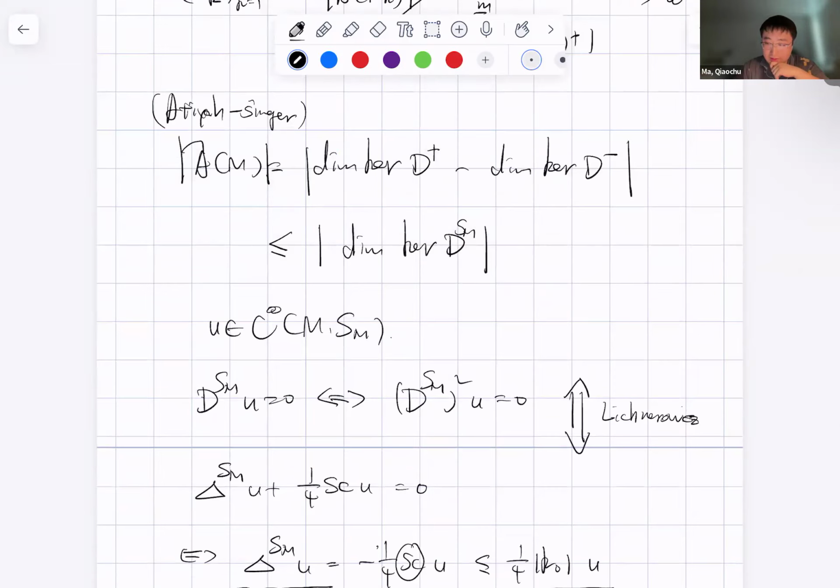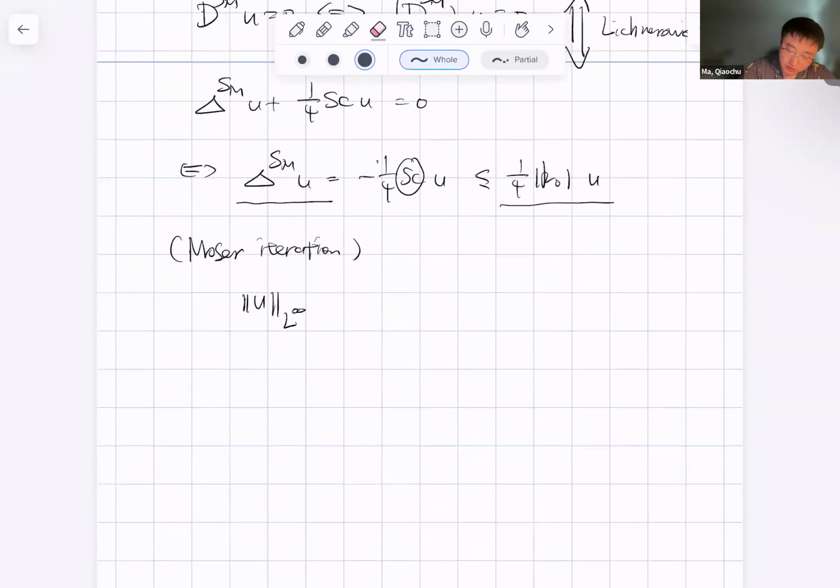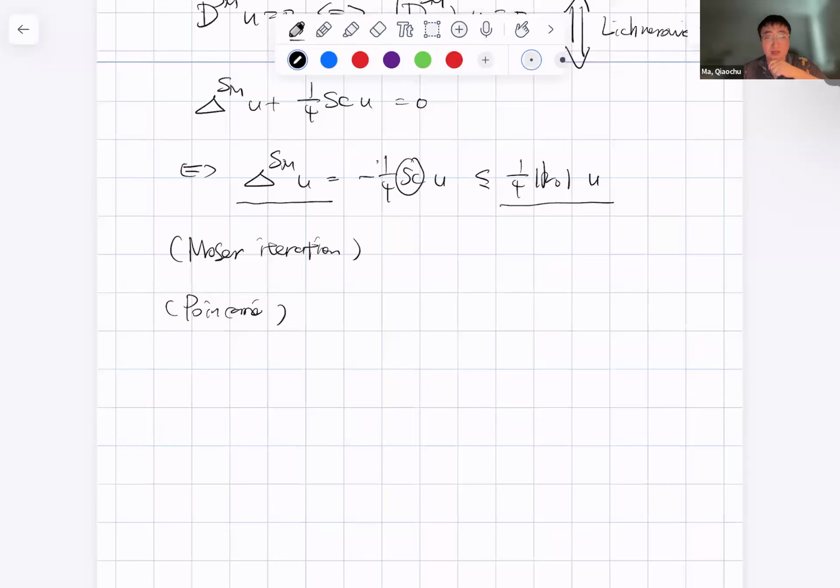In the Moser iteration, it is because of the Poincare inequality that the isoperimetric constant comes into place.